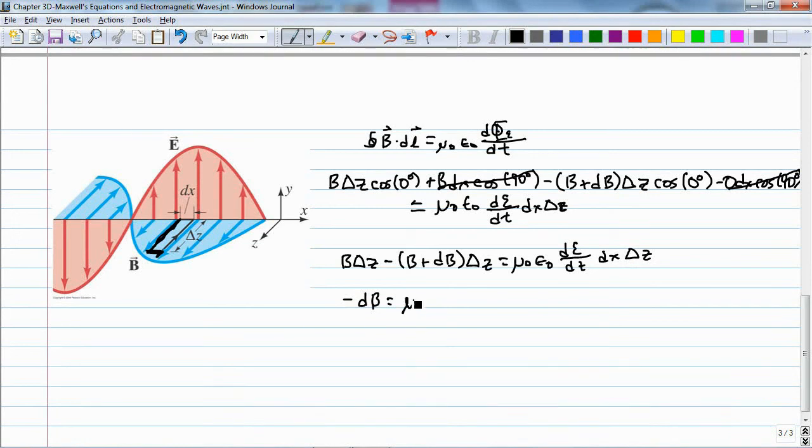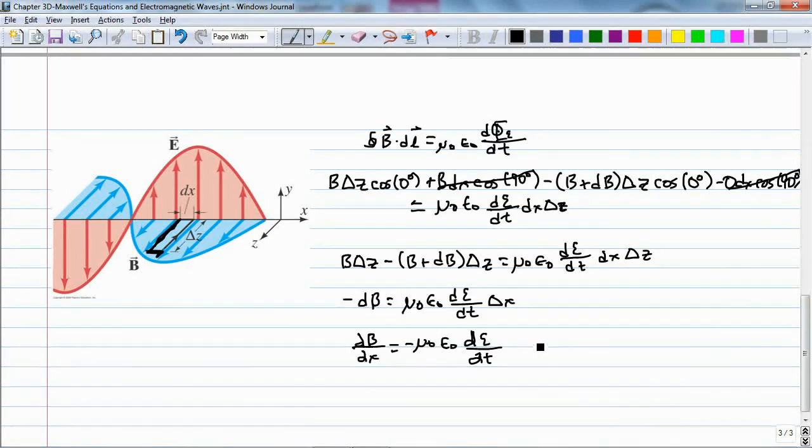is equal to mu naught epsilon naught differential electric field with respect to time times dx, and I'm going to get a partial derivative of the magnetic field with respect to x is equal to negative mu naught epsilon naught partial differential of the electric field with respect to t.